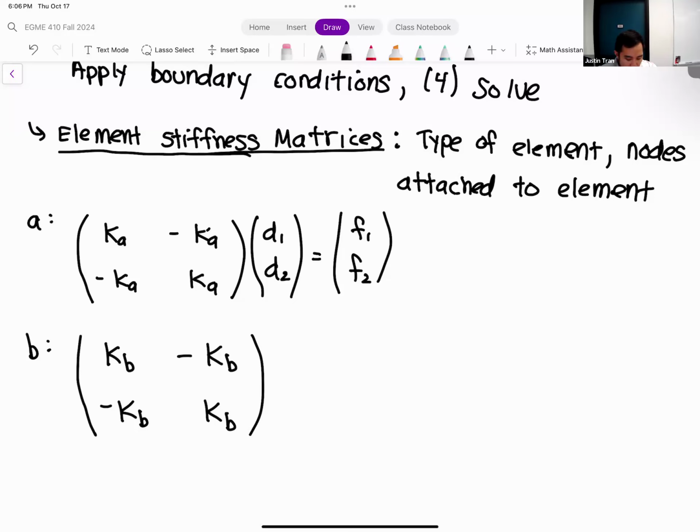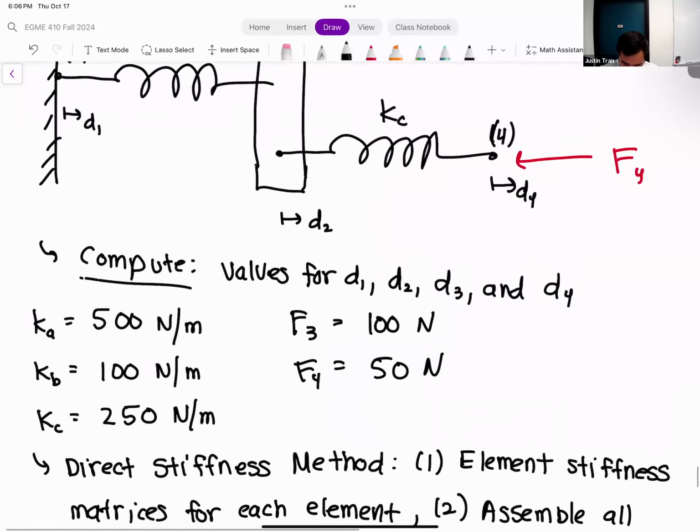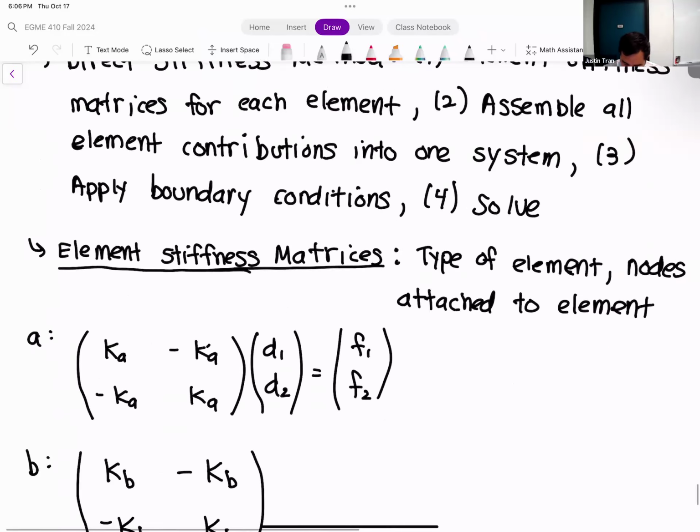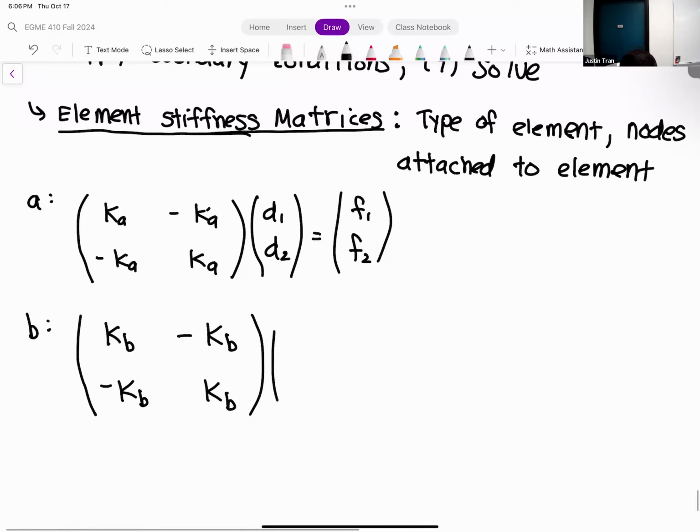Let's look at the nodes that are attached to element B. We can see element B here is attached to nodes 2 and 3. So this is going to be multiplied by D2, D3, and is equal to F2, F3.